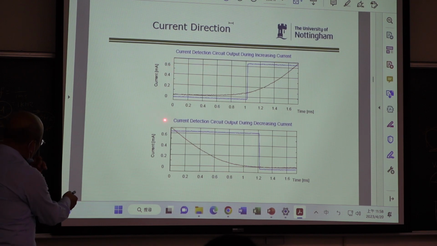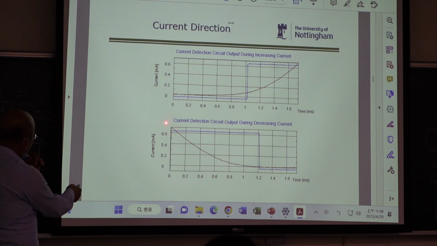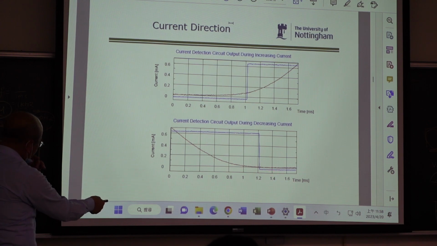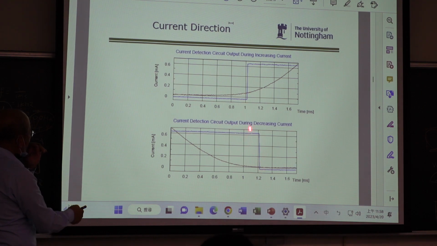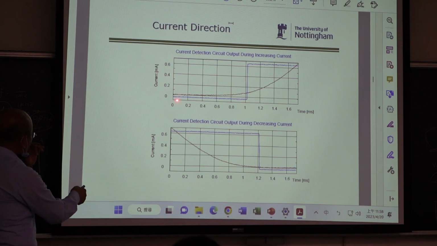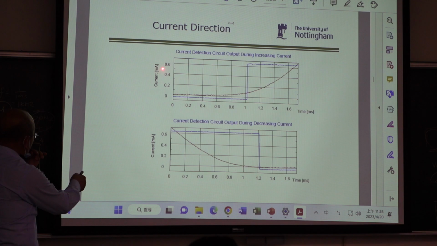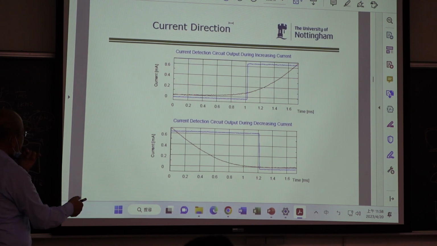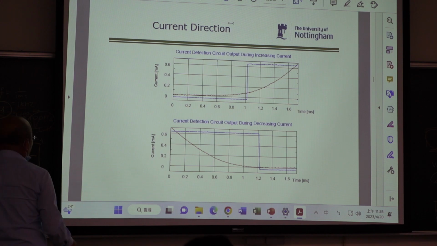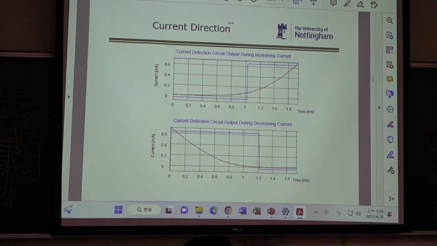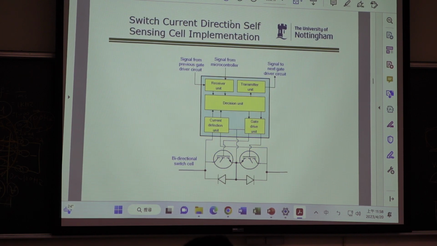If the current goes down, then at 0.6 we say it is turned on. But after it reaches 0, then we know this is turned off. So we can detect the current precisely. The range is 0.6 milliampere. So it is quite sensitive and reliable, and we can use the current sensor to know the current direction.